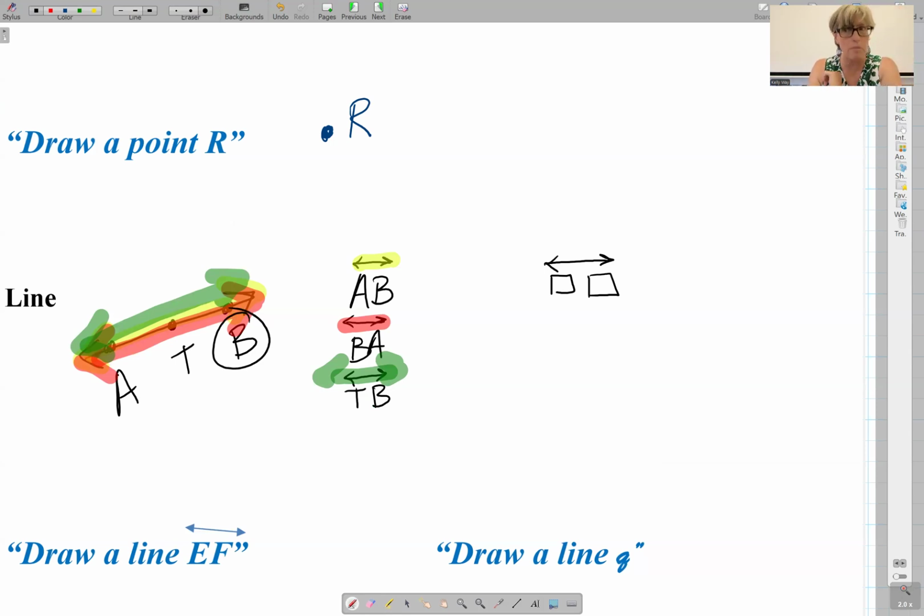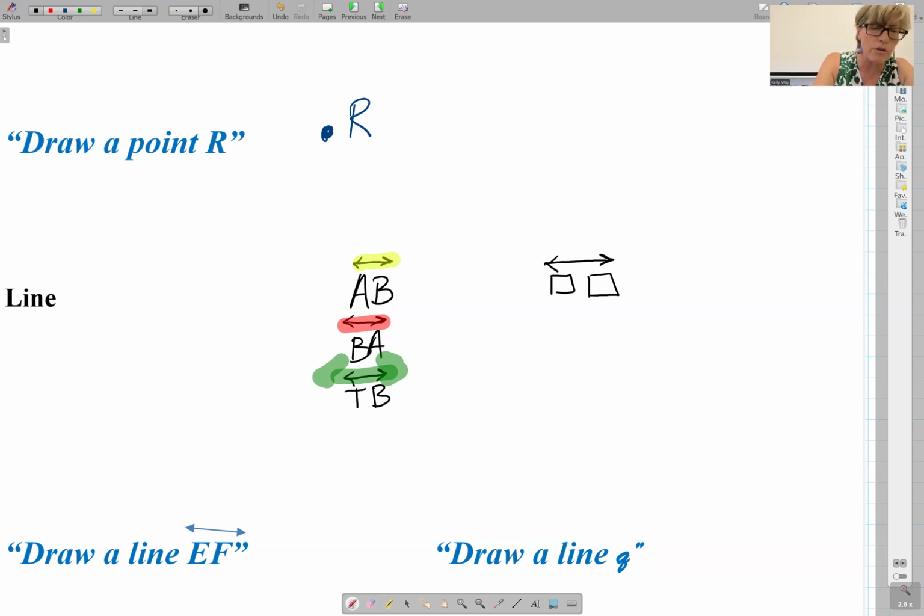Now, just to mess with you, you can name a line using a lowercase cursive or italics letter at the end point. So if I have ATB here, but it's not a point. That's the difference. It names the entire line.